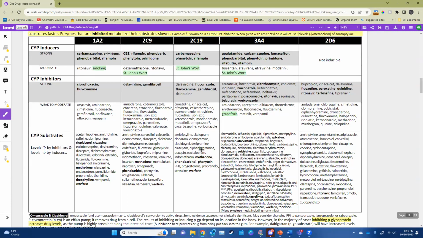This is going to be your clinically relevant ones if he's going to talk about it. If you're like, there's no way that I'm going to be able to memorize all these tables, just memorize this table. The bolded ones, not the entire thing. I mean, just look at 3A4 alone. It'd be nuts. That's what I would say. This is also a summary of all those tables in one spot.